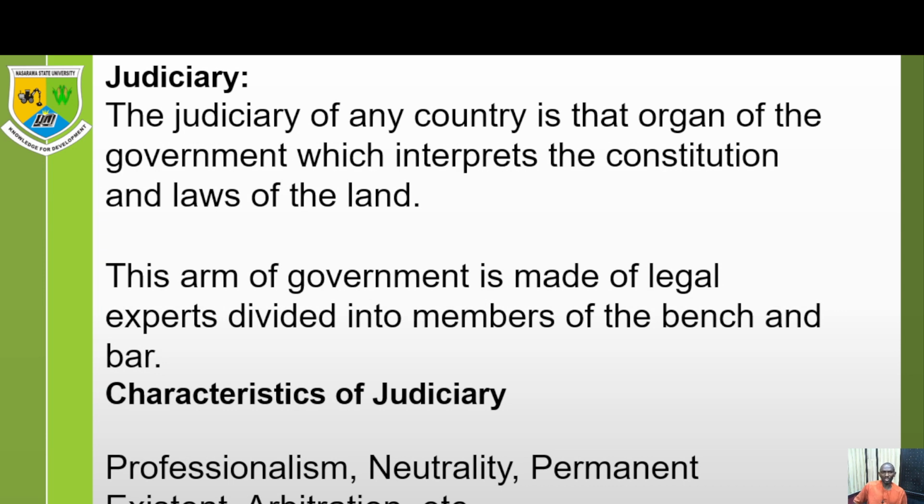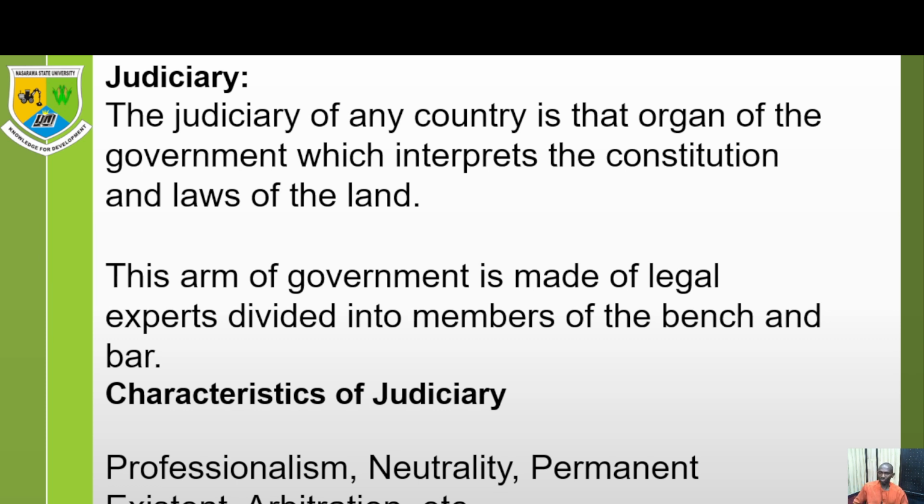Quickly, we're going to look at the last arm of government, which is the judiciary. The judiciary of any country is that organ of the government which interprets the constitution and the laws of the land. Normally it is expected that you students should be able to know that these 3 organs of government can work separately as a result of separation of power. So if the legislative organ makes the law, it is not the duty of the legislative arm to interpret or implement.